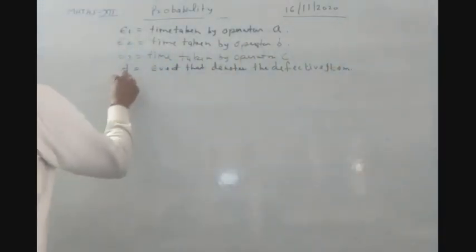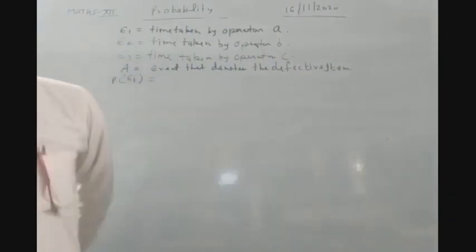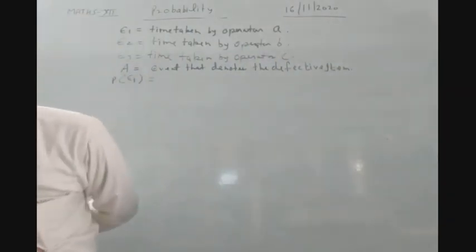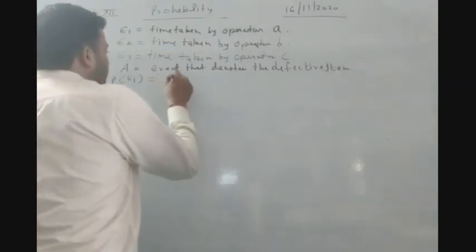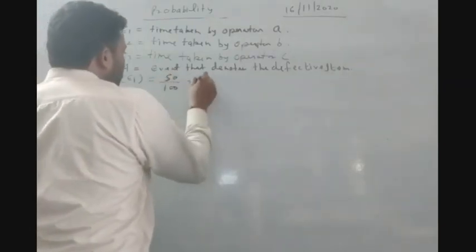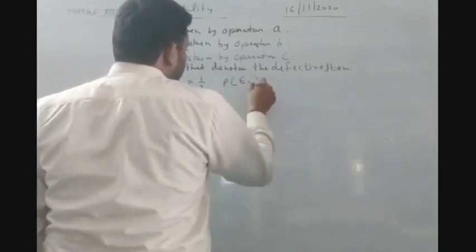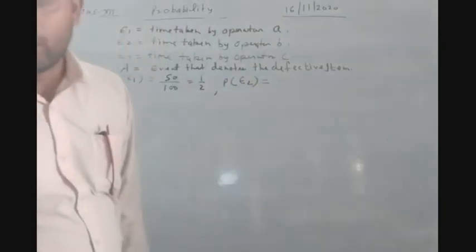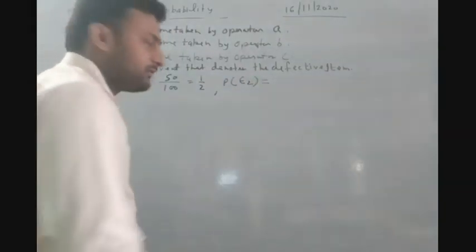So probability of E1 is given. The time taken by operator A is given. How much time does operator A take on the job? 50%. 50% means 1 by 2. Probability of E2, the time taken on the job, is 30%.